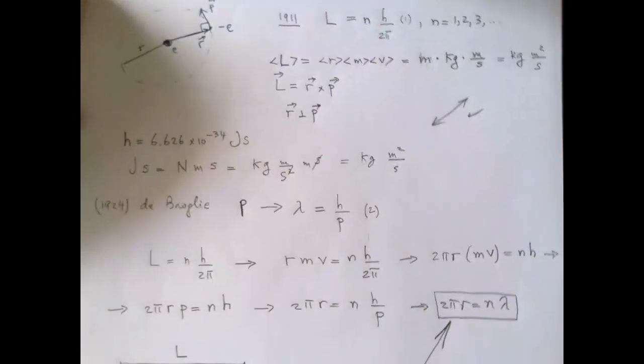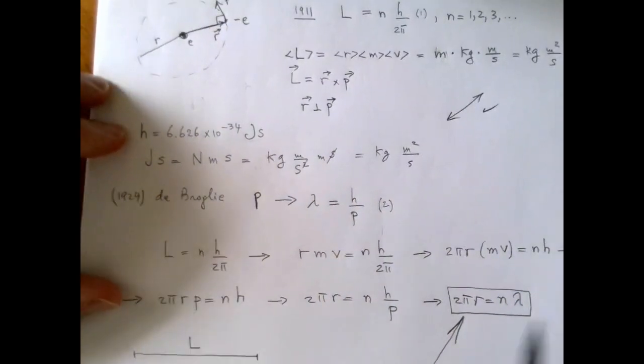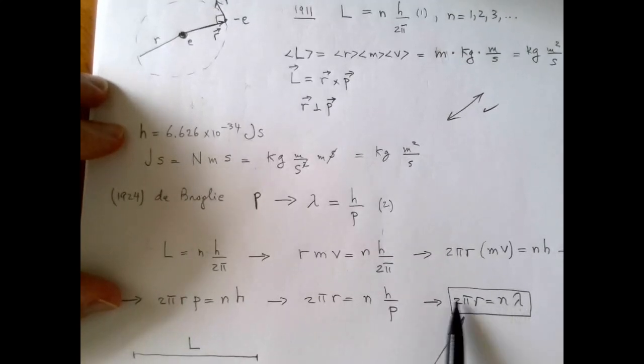The same way we can say here the wavelength of the matter waves associated with the electron, they are quantized. So how would that look in a picture?